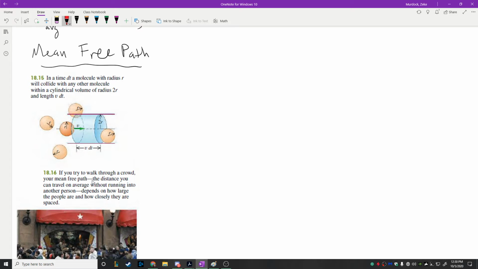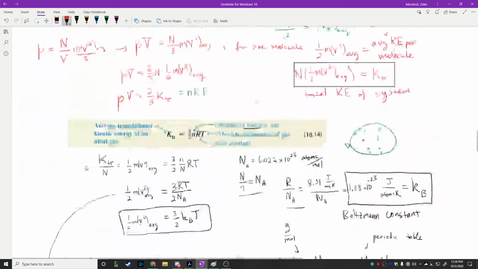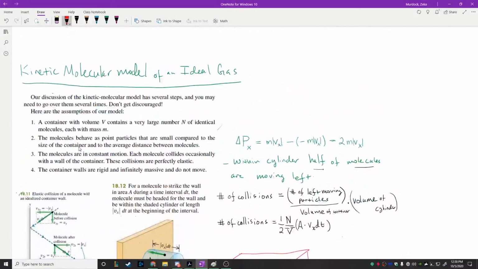Okay, so in this, we're going to a new idea where we're now going to assume that these particles are not point-like. We're going to assume that they're spherical, and we're going to assume that they collide with each other now. So we're taking a diversion from some of the assumptions we made, just to take you all the way back to what those assumptions were. They're right here.